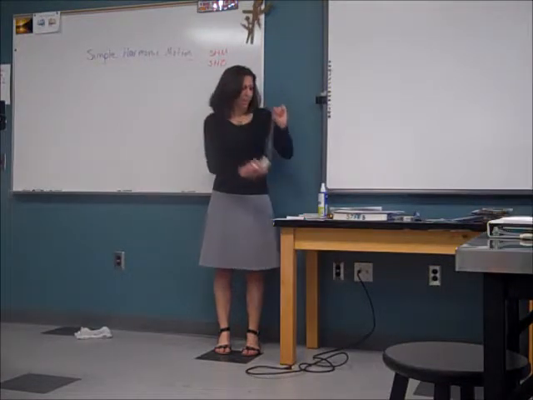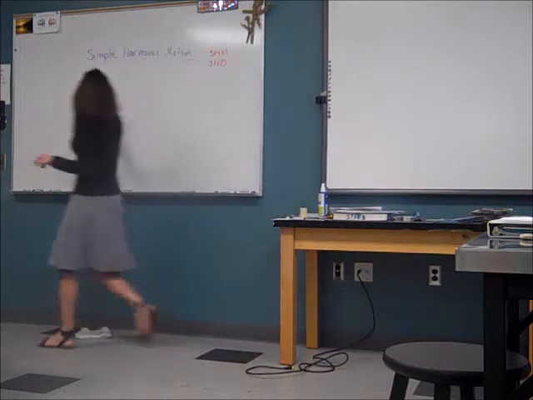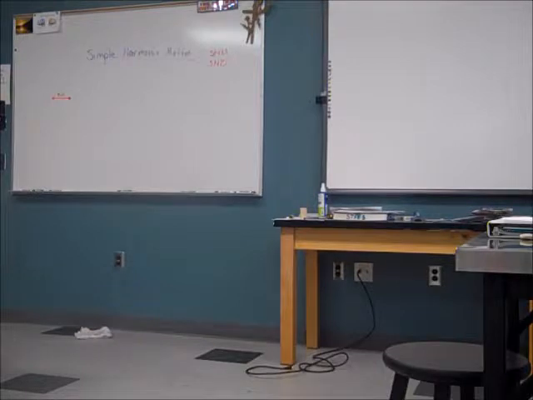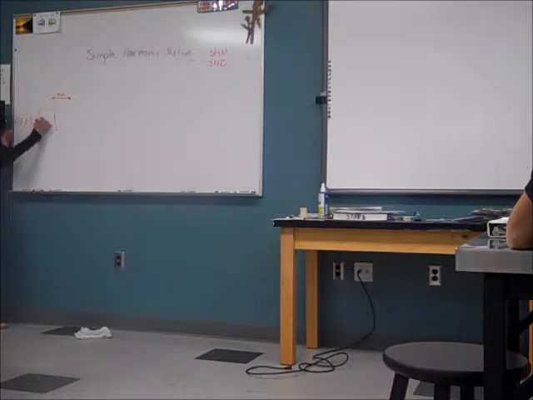Okay? That makes it easier because if I draw a free body diagram, now in the oscillatory direction, I have one force, kx. So this is the situation. You've got a mass on a spring, you pull it back, you release, and it goes back and forth and back and forth and back and forth.